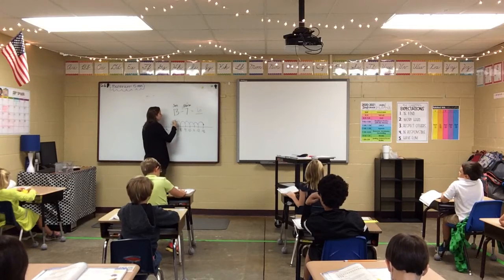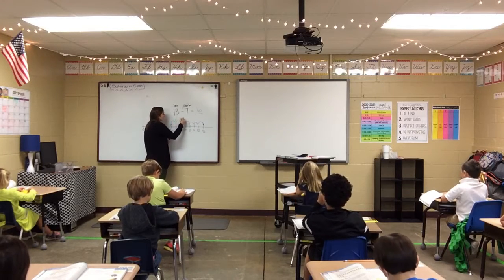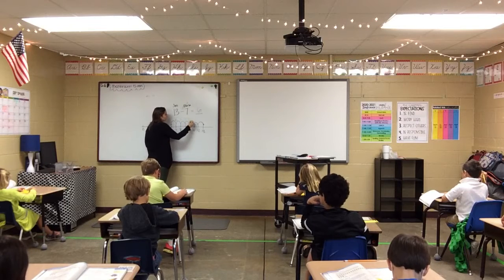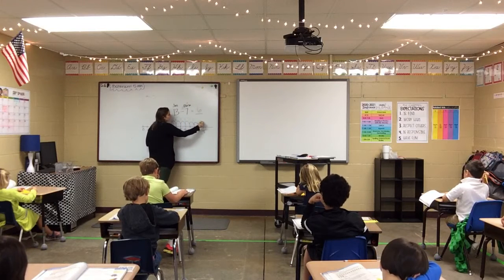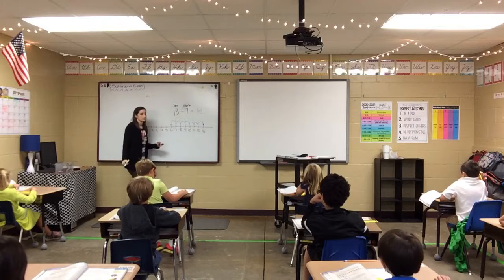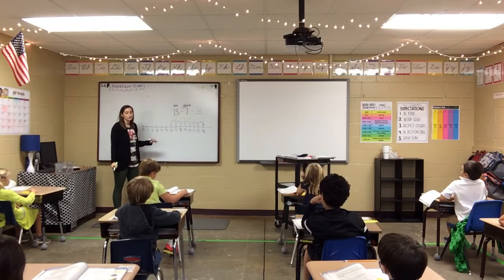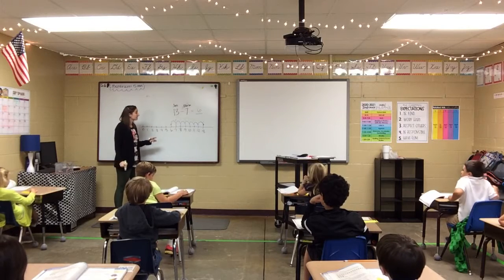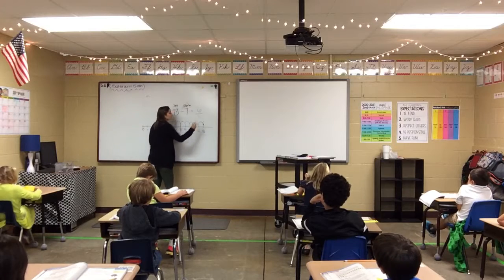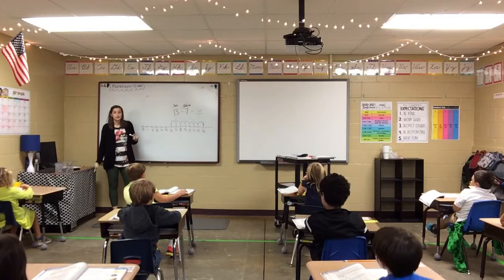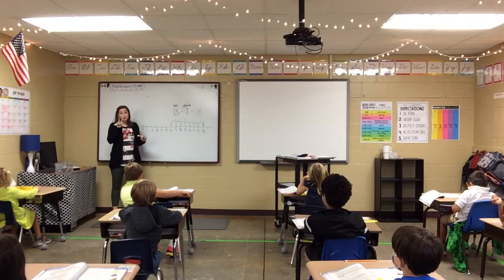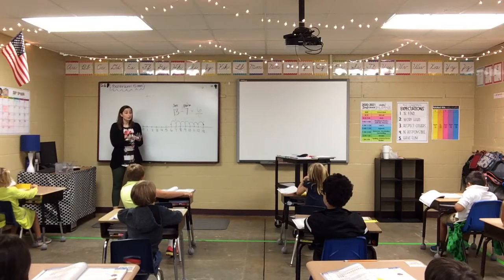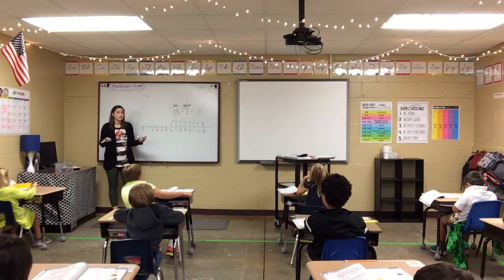Ready? Start jumping. 1, 2, 3, 4, 5, 6. So how many times did we move that way? 6. So either way, we got a 6. So there's two ways. Remember, there's always more than one way to find an answer.